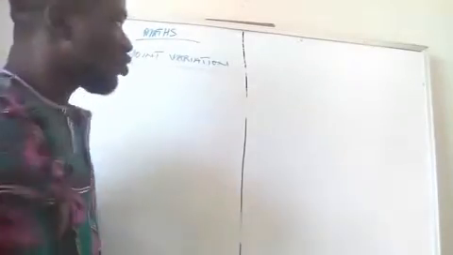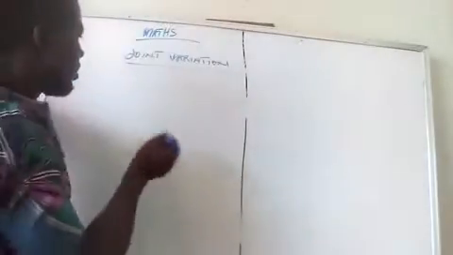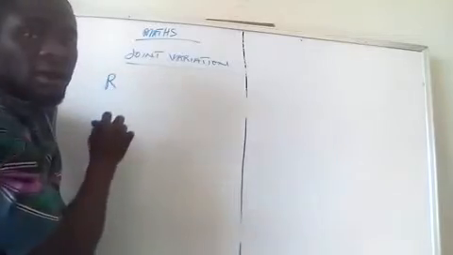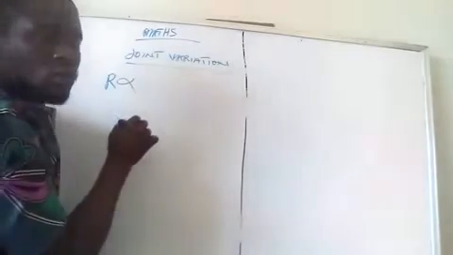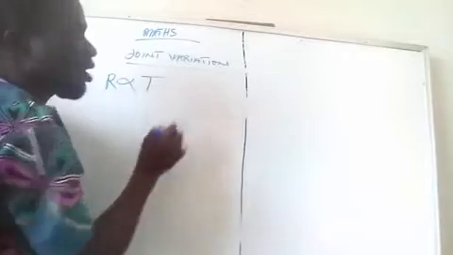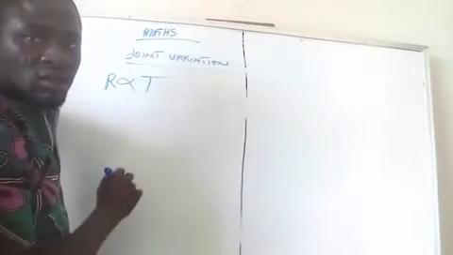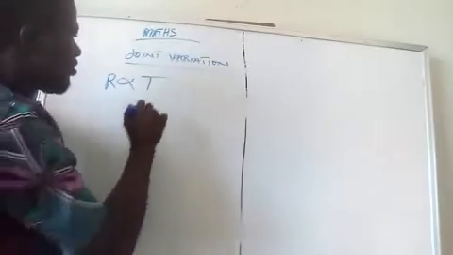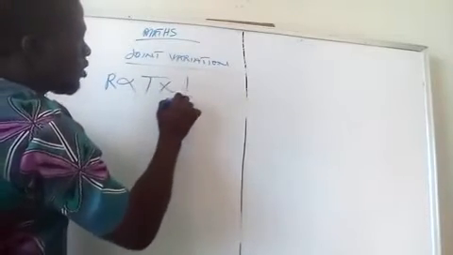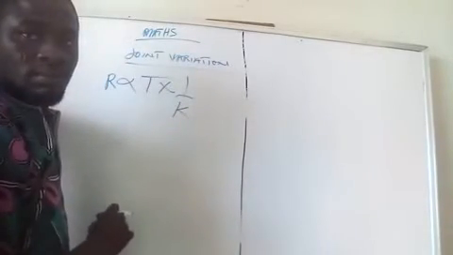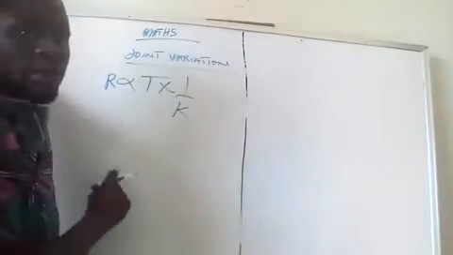You can be told that R is directly proportional to T and inversely to K, that is 1 over K. This is what they are talking about.